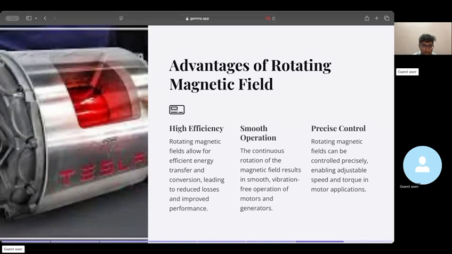Smooth operation. We can easily control the spinning and the production of electric current by controlling either the rotation or the current produced, because the rotation of the magnetic field and the flow of the current are so in pace with each other that controlling one will immediately control the other in the same way.